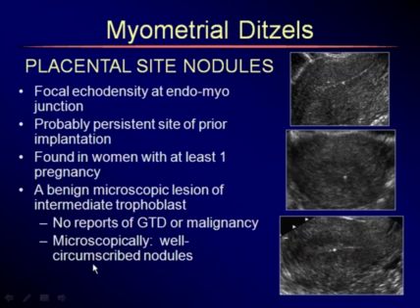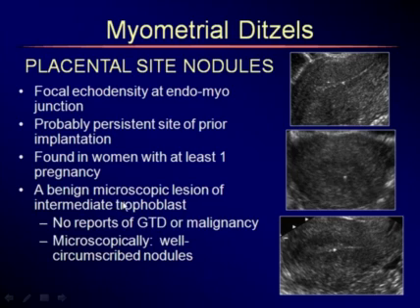Now sometimes, and this has been proven pathologically, this represents what are called placental site nodules, which are these little focal echodensities at the endometrial-myometrial junction. They probably represent the site of a prior pregnancy implantation. When these were evaluated, the only thing they found in common was that the women had at least one pregnancy.